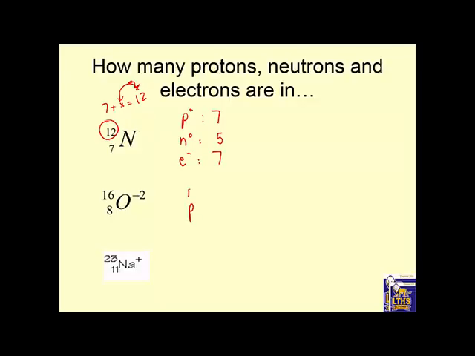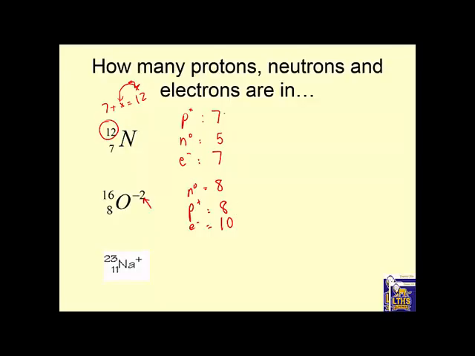Protons, neutrons, electrons for this one. Right. Well, let's see. 8 is protons, because its atomic number is always 8. 16 is the total of protons and neutrons together, so there must be 8 neutrons. And this is -2. So there's 8 protons, but if there's -2, that means there's 2 extra electrons, so there's 10 electrons. So for ions, protons and electrons are different.